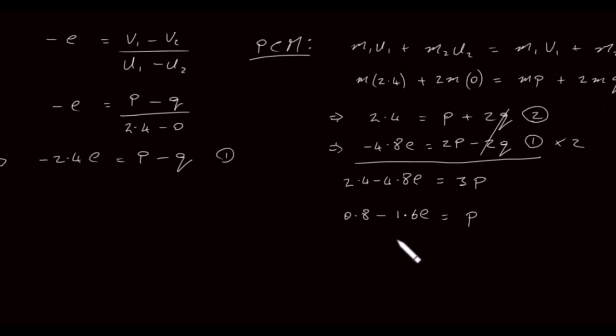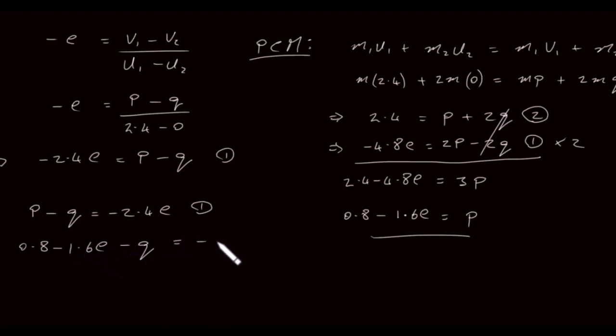Okay, so let's work out what q is then. So let's just take one of the equations. That's our p anyway. So I'm going to use this one: p minus q is equal to minus 2.4e. This is equation number 1. Let's stick p in there. So you've got 0.8 minus 1.6e minus q is equal to minus 2.4e. So let's just sort all this out and get the q on its own.